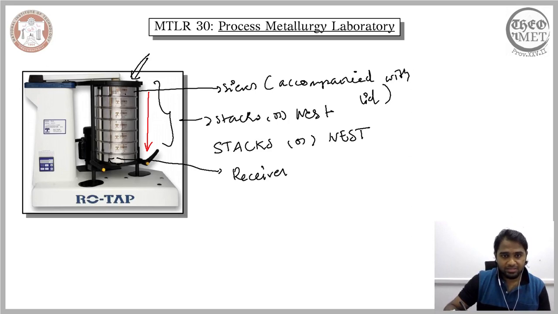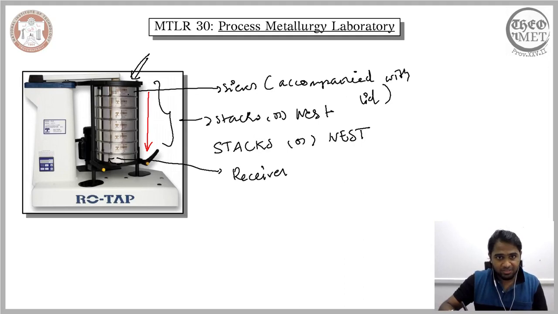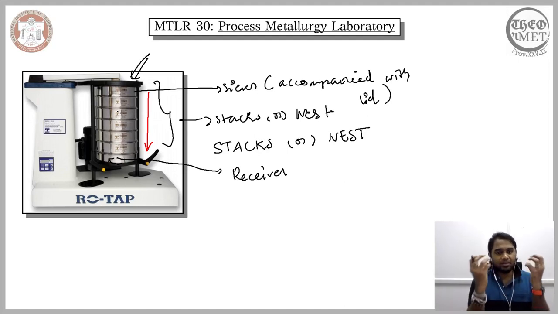The particles that are greater than the size of the aperture of the initial sieve will stay, and the particles that are of lower size will pass to the next one, and the particles even lower than the size of the secondary sieve will go to the third one. So the particles that are greater than the size of the aperture will stay, and the particles that are lower than the aperture size will move on to the next sieve. It is rather straightforward, and that is how the whole process of sieve analysis operates in this nest of sieves.